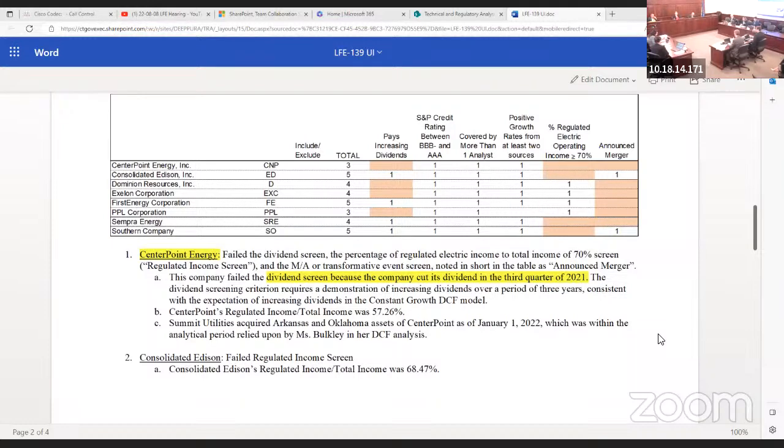So maybe you could just give us the dates these closed then, because your time period, based on your filing, would go back almost to 2021. I'm sorry, you're looking for the time period when Dominion, Exelon, First Energy, PPL closed their transactions.